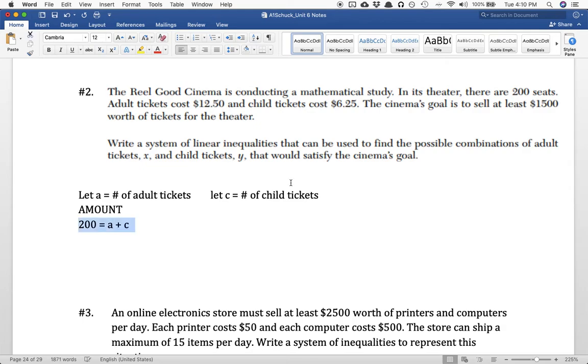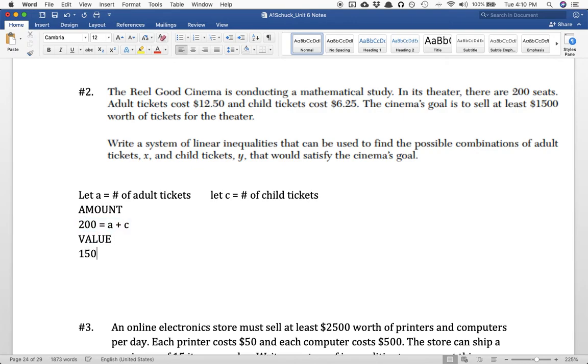Your amount is always just the two variables by themselves. And then your value is going to be 1,500 is equal to $12.50 times the number of adults, that's my multiplier, $12.50 for an adult ticket, plus $6.25 for a child ticket.